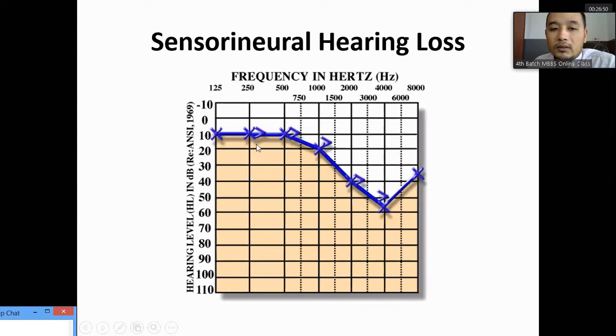The patient can hear this 4000 hertz sound only at 60 decibel intensity. So in sensorineural hearing loss, all mechanisms are affected, because the inner ear is defective or the nerves are defective. So this is the kind of graph you can see in sensorineural hearing loss, specifically high frequency sensorineural hearing loss.